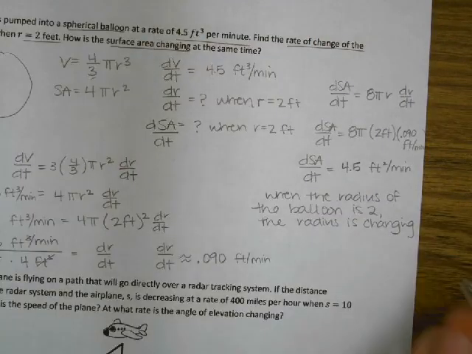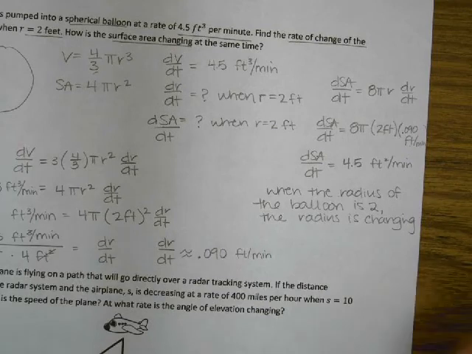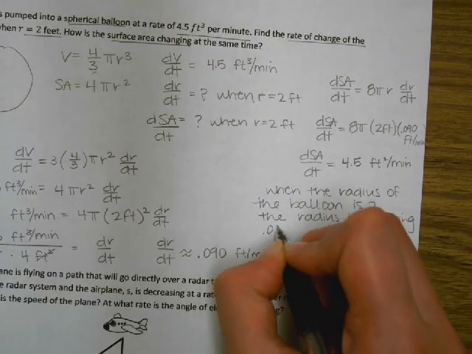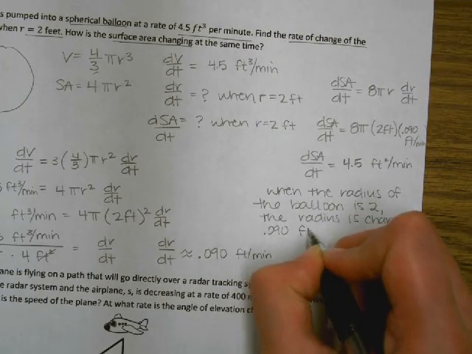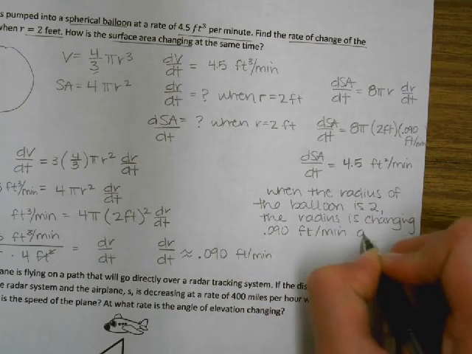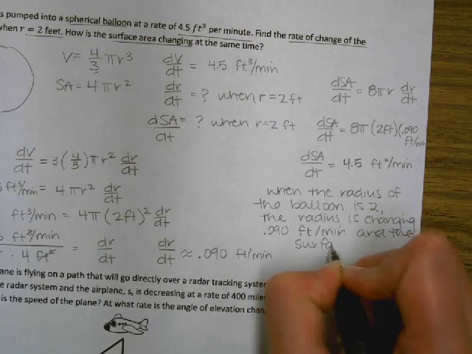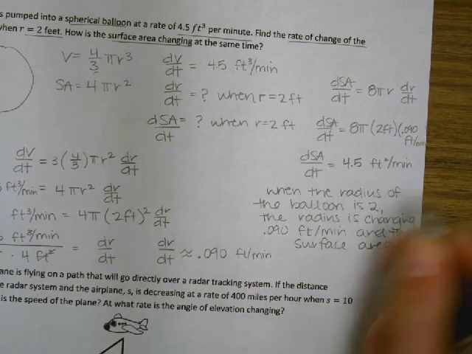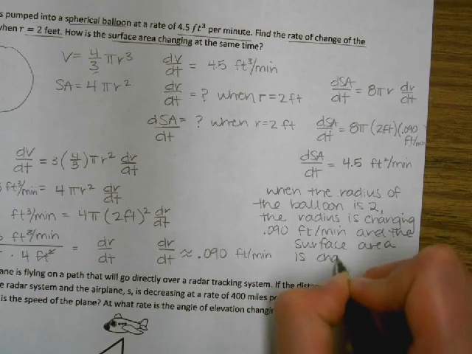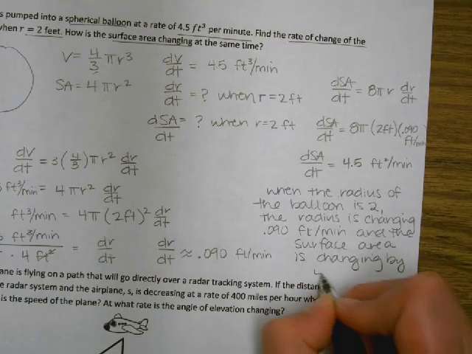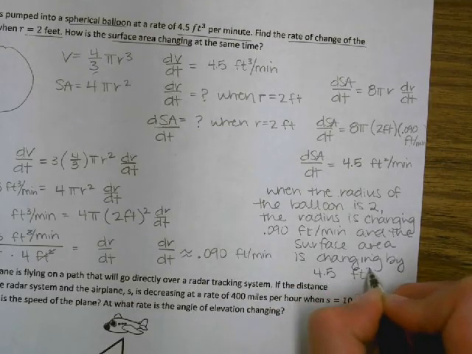Well, if we're changing by a positive number, then we'll know it's increasing. So I can say it's changing by 0.090 feet per minute, and the surface area is changing by, or you could write increasing by, 4.5 feet squared per minute.